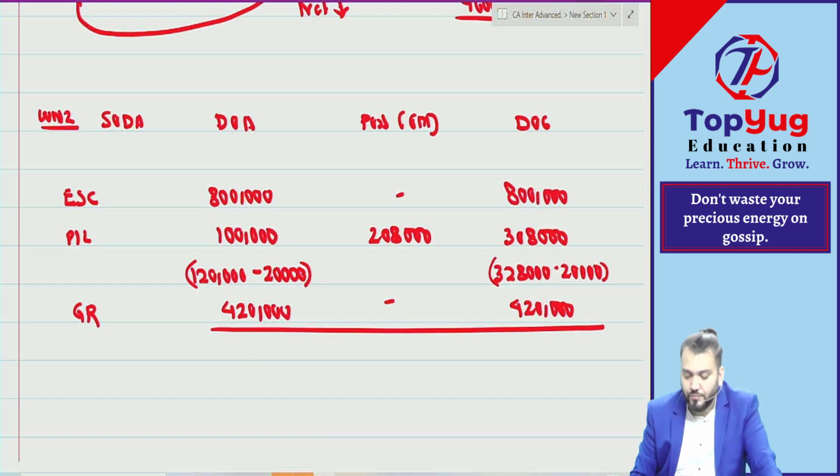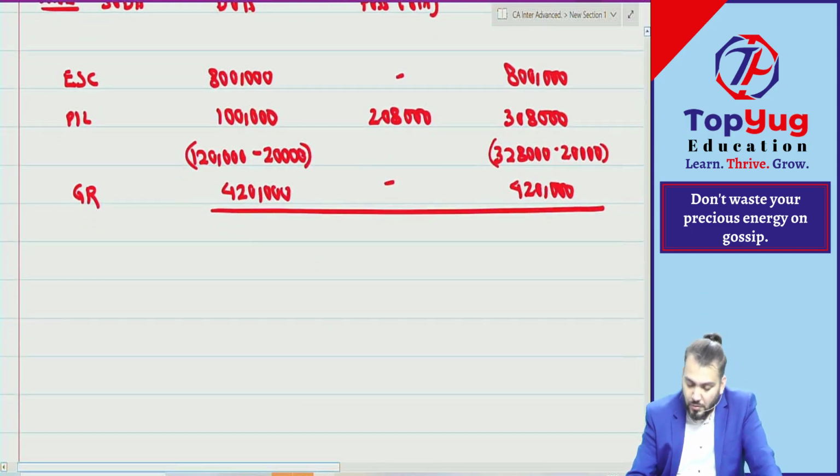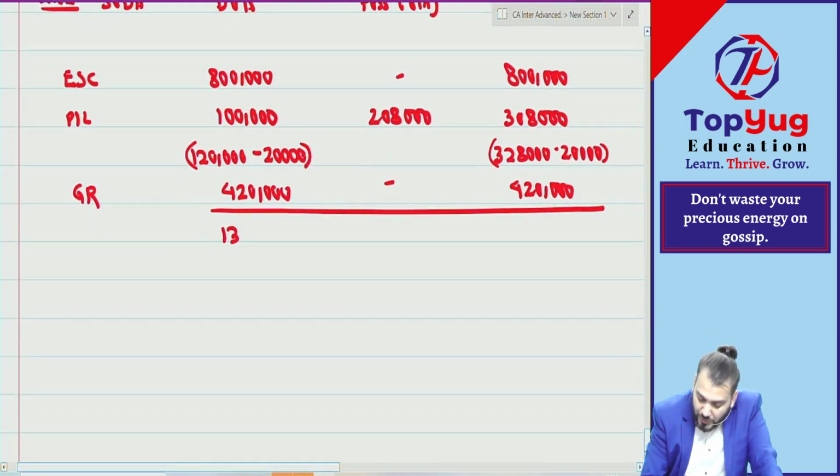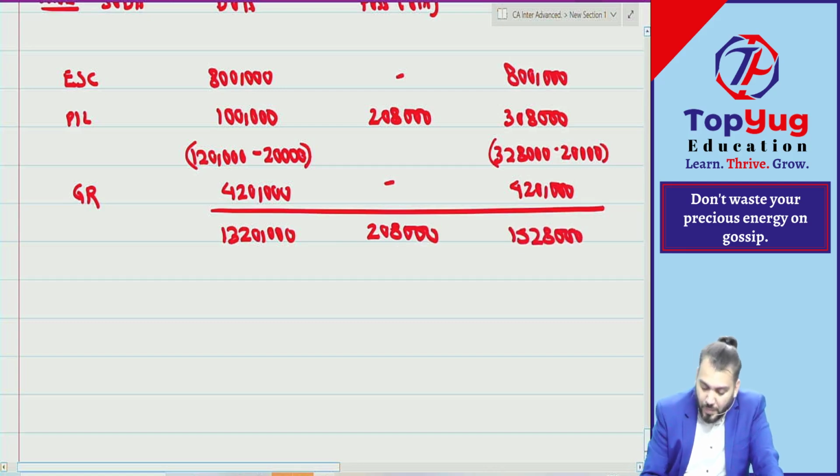What is the total? It is 13,20,000. This is 2,08,000. 15,28,000 plus final dividend paid, how much? It is 10%. 80,000.